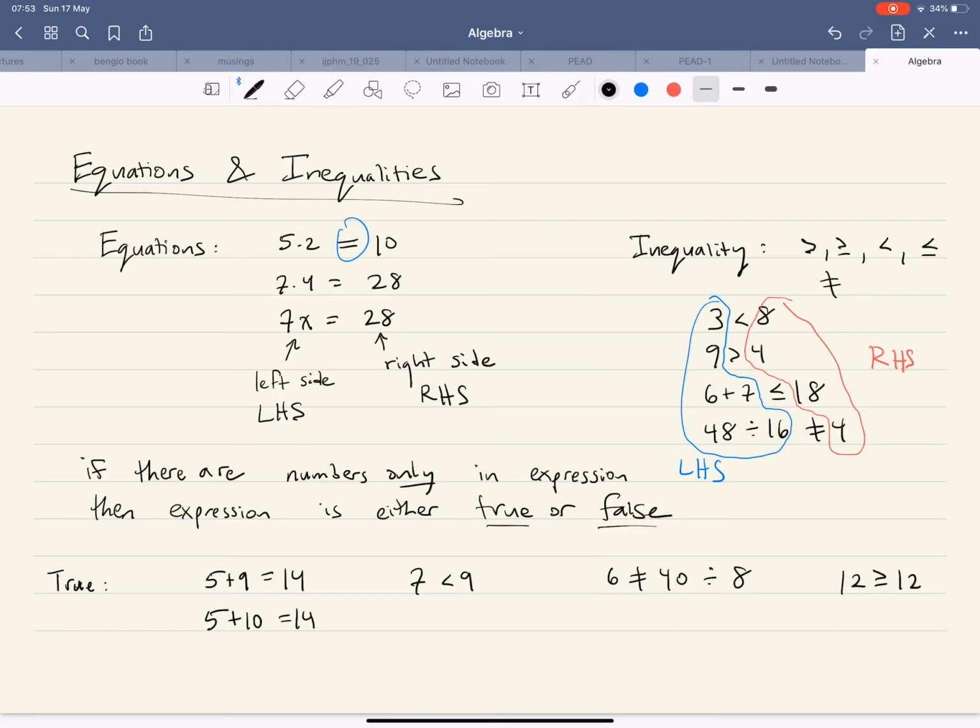I can write whatever I want. Just because I write it doesn't mean that it's true. So this is false. I could have written 7 is greater than 9. That's also false. Or 5 does not equal 40 divided by 8. Okay.